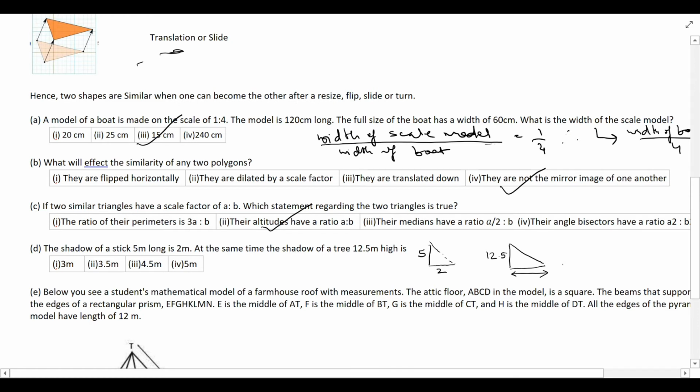So we know that 12.5 by 5, the ratio of these two will be equal to the ratio of this. Suppose this is L, so L by 2.